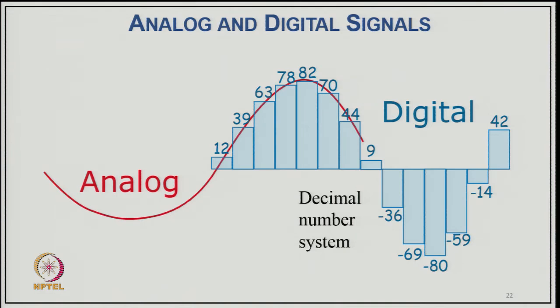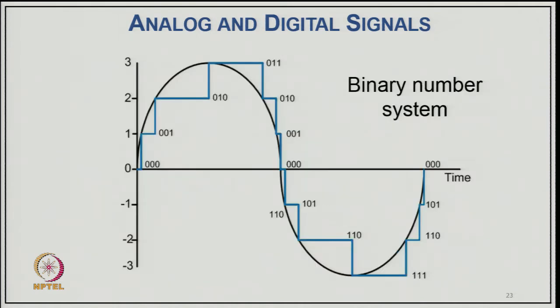This gives you an idea of how a quantity can be represented in digital form or converted to its equivalent. Then you can see the analog to digital conversion in binary form. Here, that was in decimal; here is the analog quantity, and the equivalent binary number is the representation you can see here.